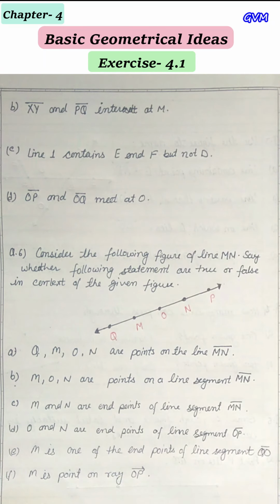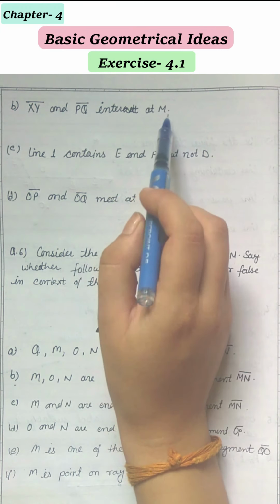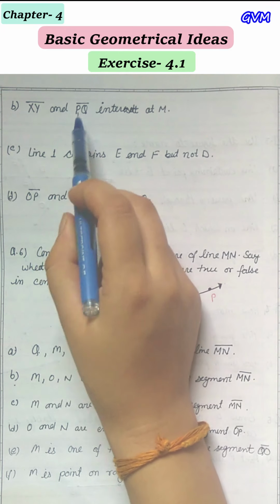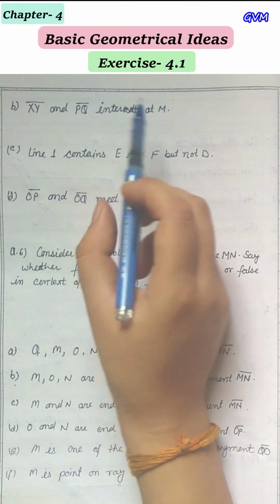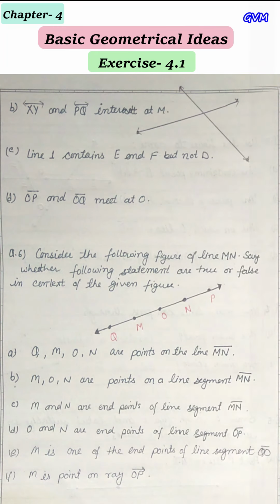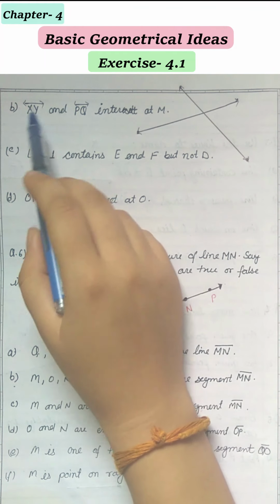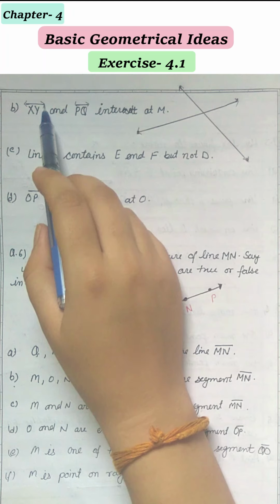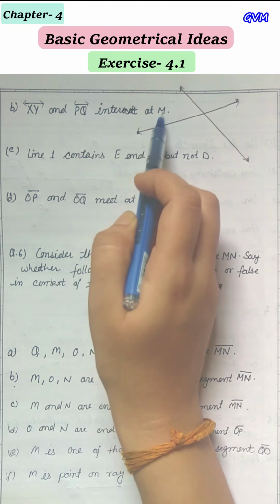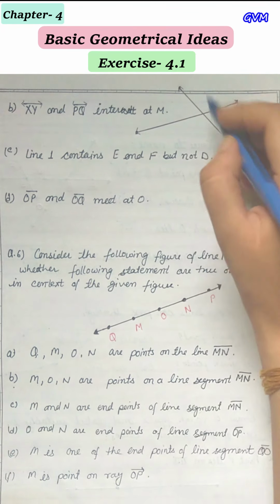Now B part, we have XY and PQ intersect at M. So we need to draw line XY and line PQ such that they intersect at point M. Because we can see the symbol here, line XY and line PQ intersect at M. So let's draw any two lines that are intersecting each other.